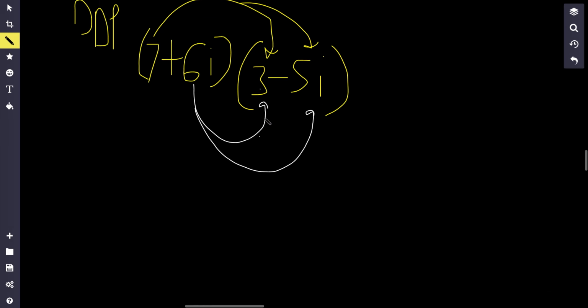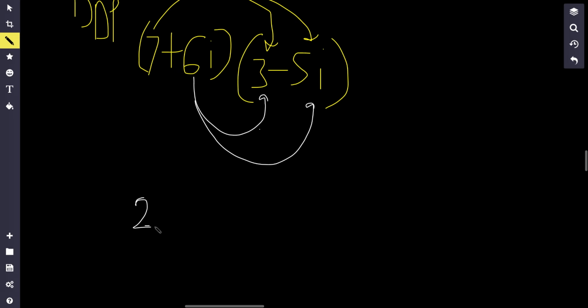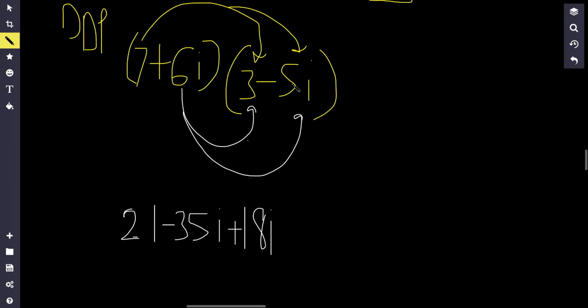So 7 times 3 is 21. 7 times -5i is -35i. 6i times 3 is going to be 18i. And then 6i times -5i is going to be -30i squared. Because 6 times -5 gives me -30, and i times i gives me i squared.